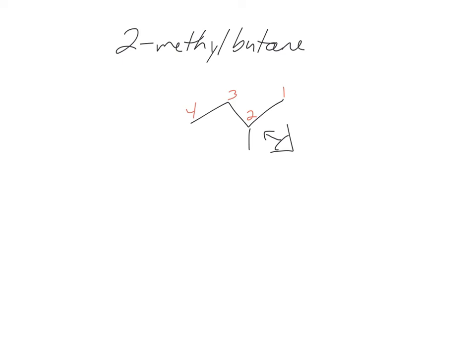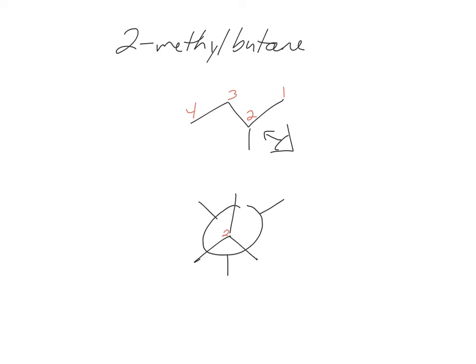So in this case, since they don't necessarily tell us the wedges and hatches here, we can just make it up. It doesn't really matter. So if I drew a Newman projection here, and I told you the carbon we're looking at is carbon 2, what things are on carbon 2?